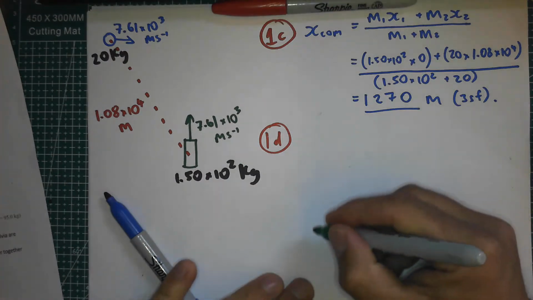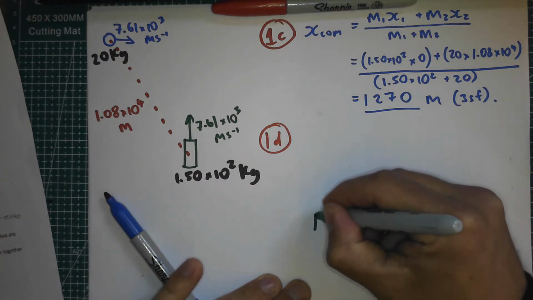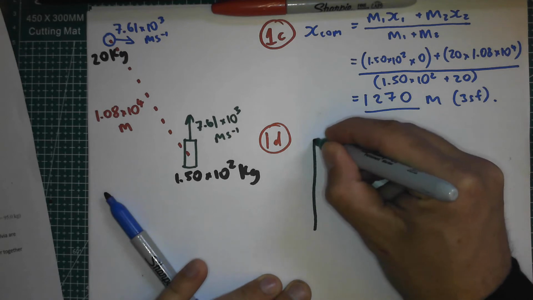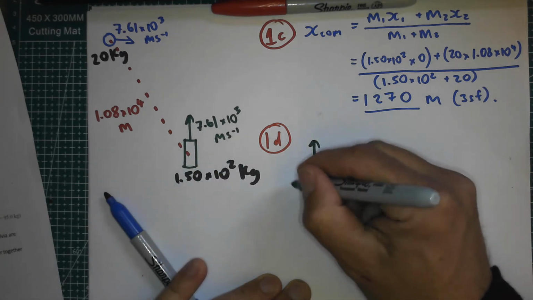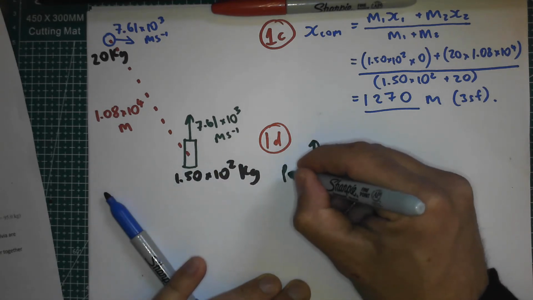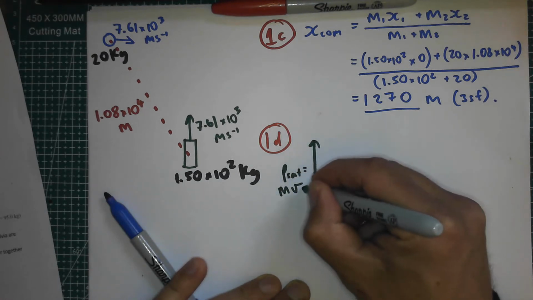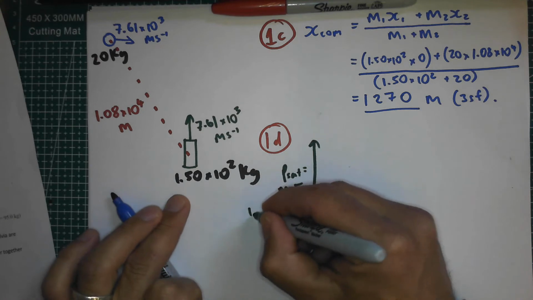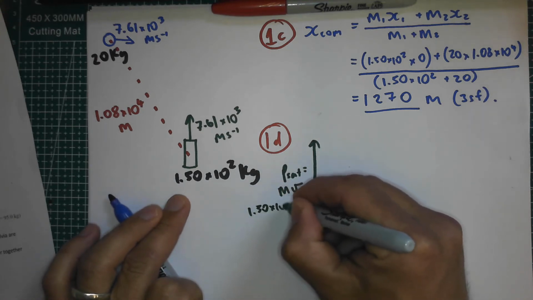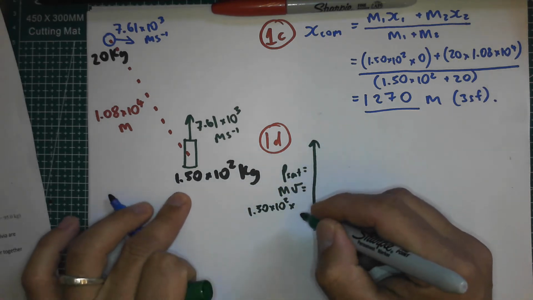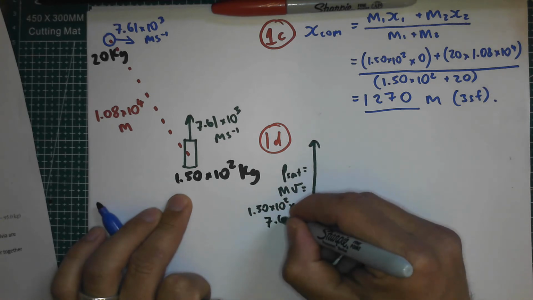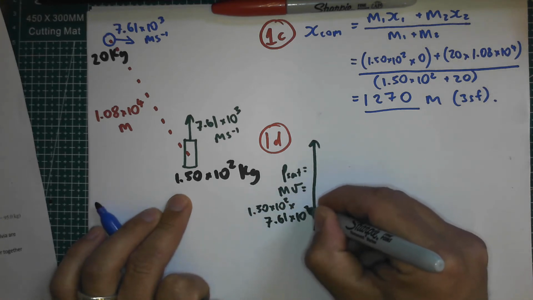So the momentum of the satellite is in this direction before the collision, P sat, and that's equal to mv. So the mass of the satellite is 1.5 times 10 to the 2 times the velocity of the satellite, which is 7.61 times 10 to the 3.